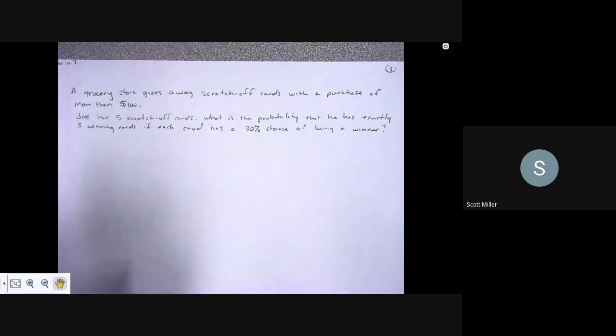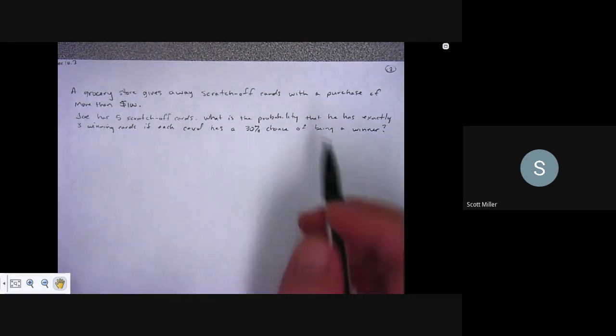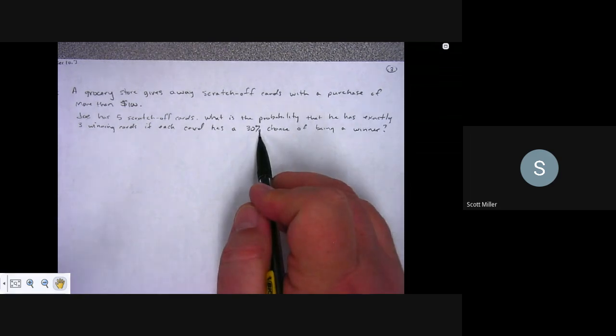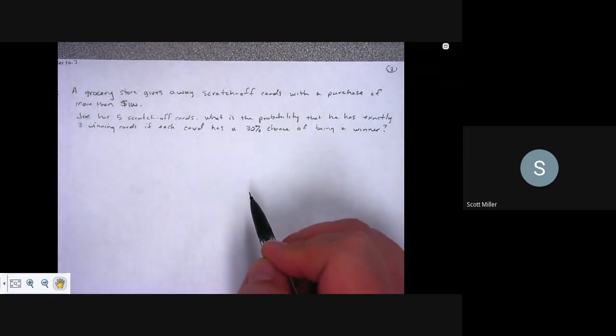Joe's 5 cards, he's going to scratch off one at a time. So that can be represented as 5 trials. Each card is a winner or not. Whether one card is a winner is independent of whether the other one is. So if he has 5 cards, they can all be winners or not. They're independent events. And the probability of a winning card is 30% no matter what. So yes, this is a binomial experiment.